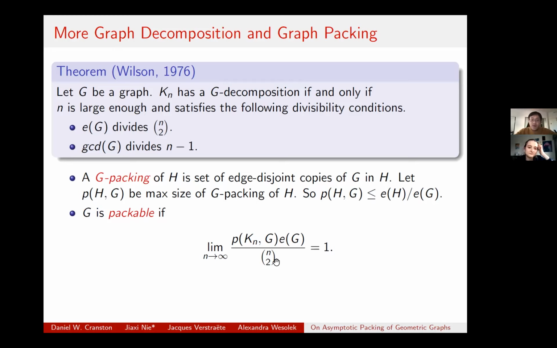And the denominator, n choose 2, is just the number of edges in Kn. So basically, it means that G is packable if some G-packing of Kn covers all but little o of n squared edges.